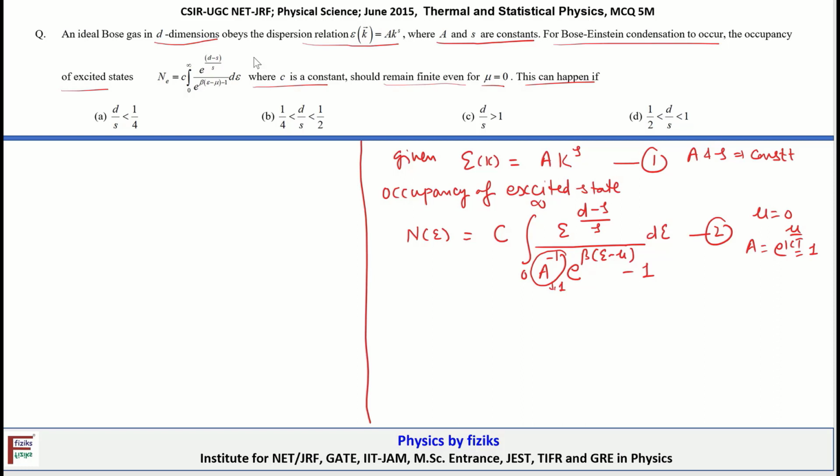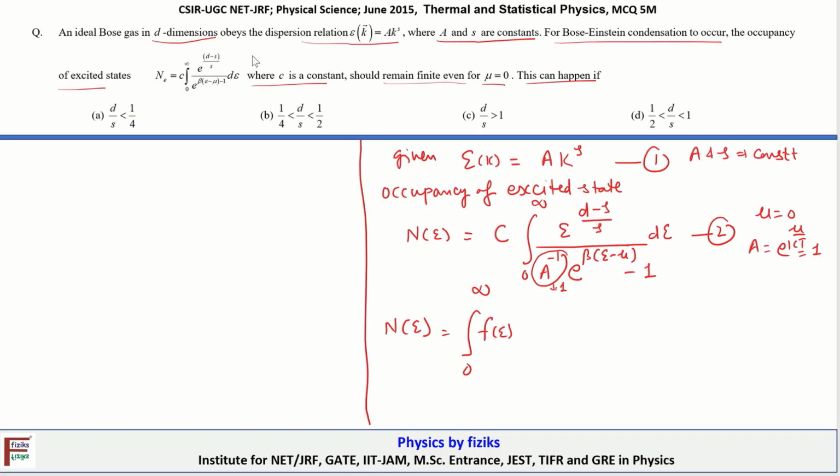Now the number of particles N is equal to the integral from 0 to infinity of the probability distribution function f(E) and then g(E) dE. This g(E) is the density of states.